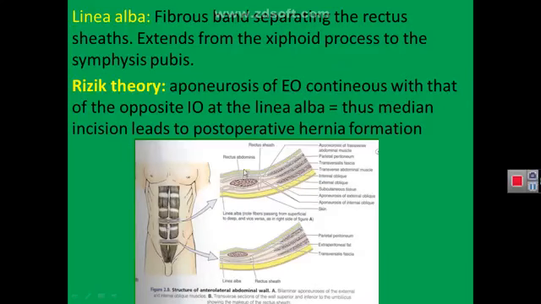If you cut here in the paramedian, lateral to the midline, you will cut the anterior wall of rectus sheath, deviate rectus abdominis, and then cut the posterior wall of rectus sheath, passing to the abdominal cavity. So after suturing, you will replace rectus abdominis muscle to its position. First, you cut the anterior wall, deviate rectus abdominis, cut the posterior wall, and pass deep into the abdominal cavity.